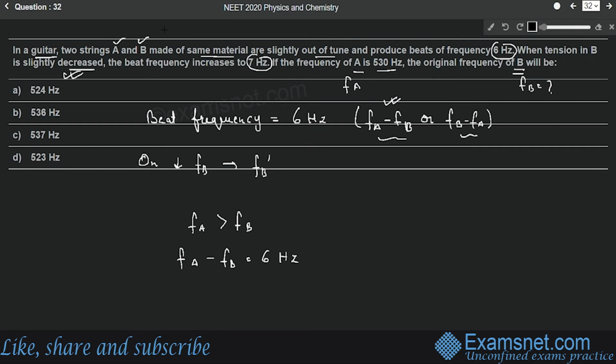FA is given in the question. It is equal to 530 Hertz minus FB will be equal to 6 Hertz. So we have to find FB, right? So it will be equal to 530 minus 6 Hertz. That means 524 Hertz. So option A will be the correct answer.